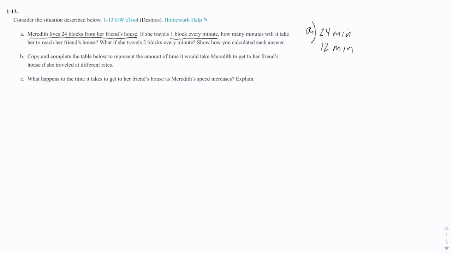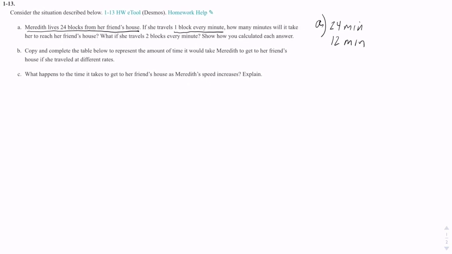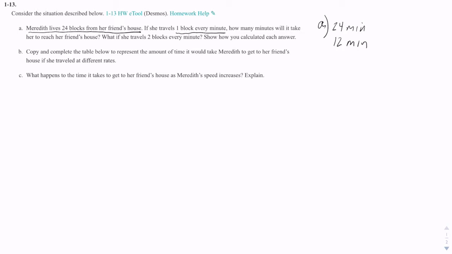What we're really doing for the first one, if she travels 1 block every minute, we're taking 24 blocks, and we're dividing it by 1 block per minute, right?